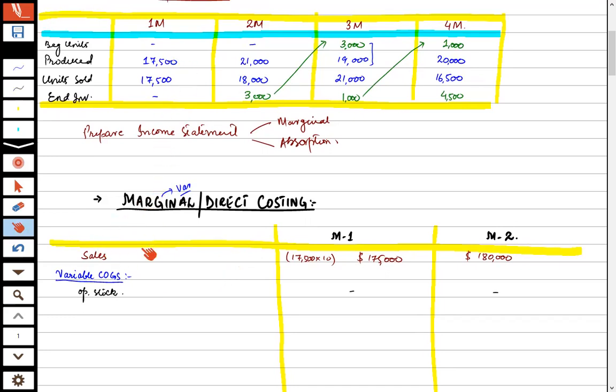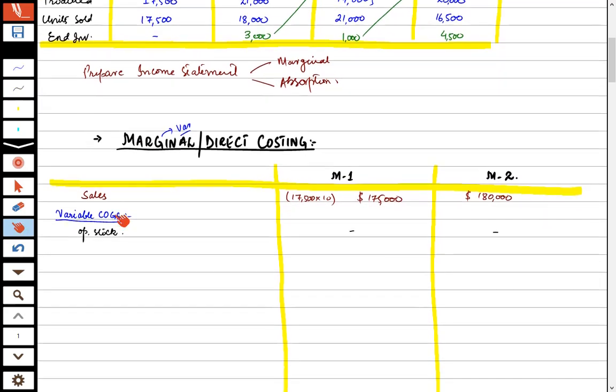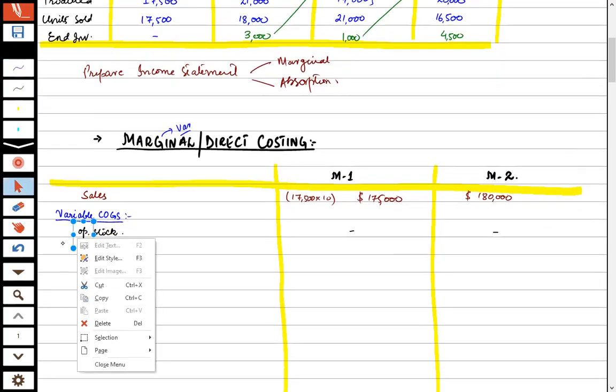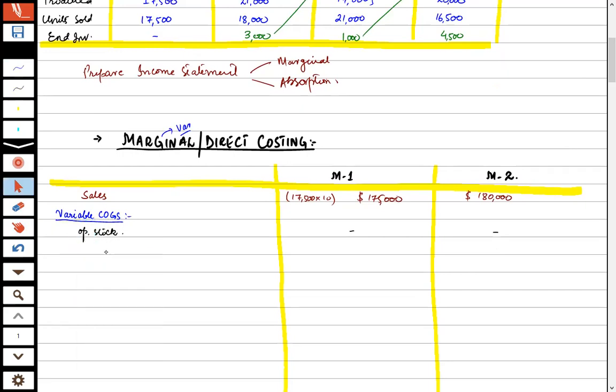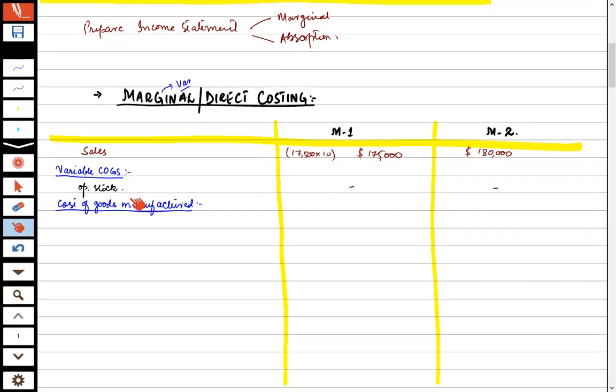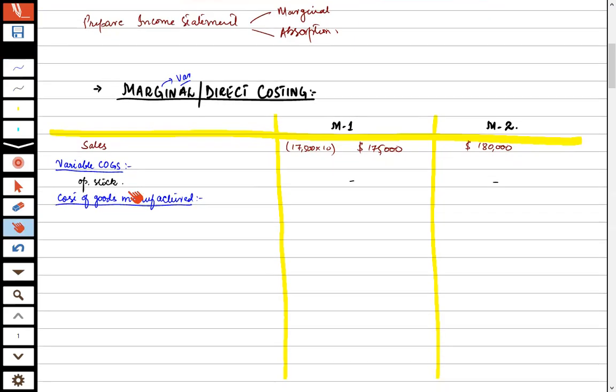So cost of goods manufactured will be included. Now, this cost of goods manufactured will be purely on the basis of variable cost.